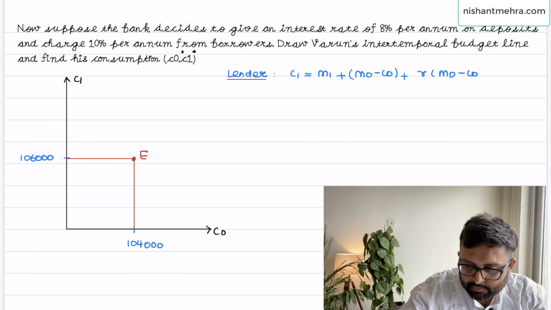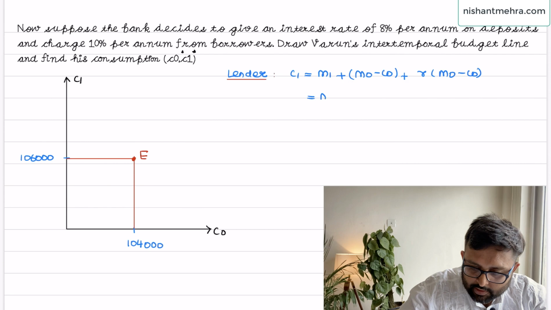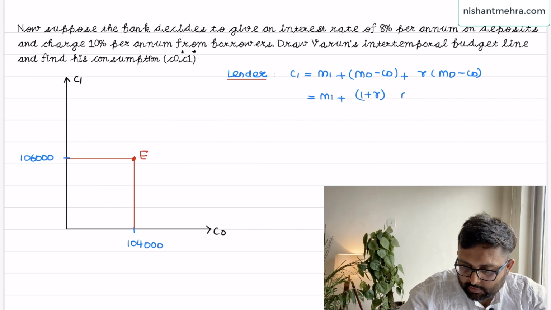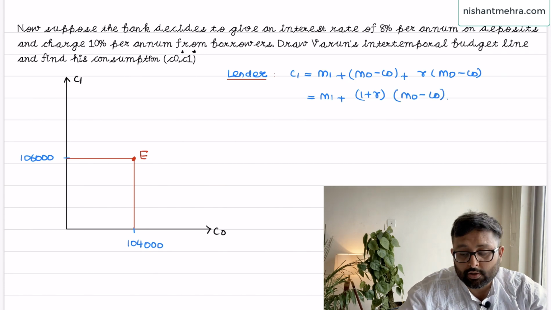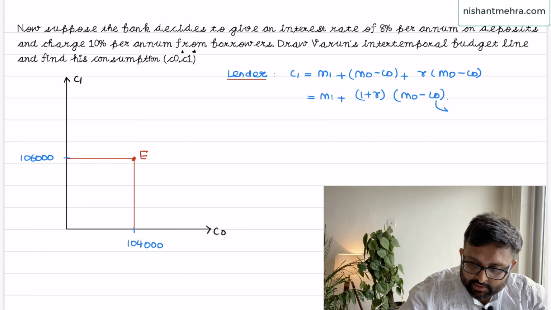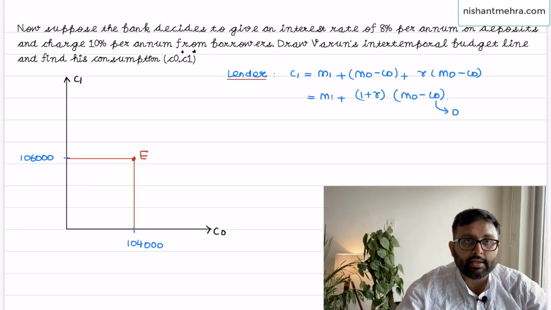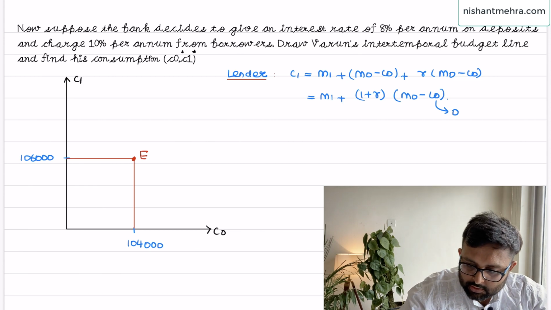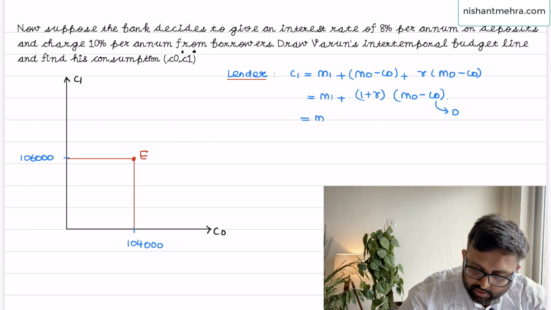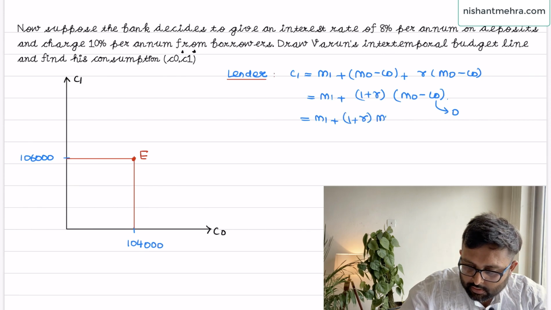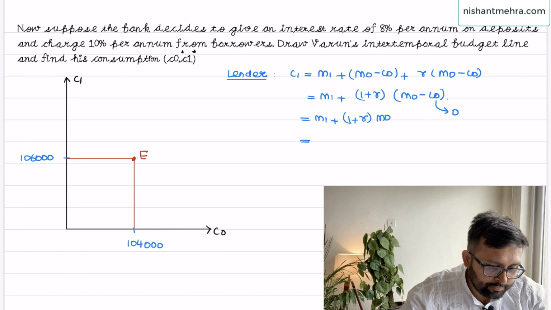That's what it is. I can write this as M1 plus 1 plus R times M0 minus C0. But C0 is equal to 0 because I just want to find that point as an intercept on the y-axis. So this is just M1 plus 1 plus R times M0.